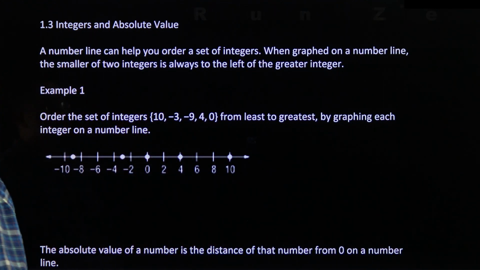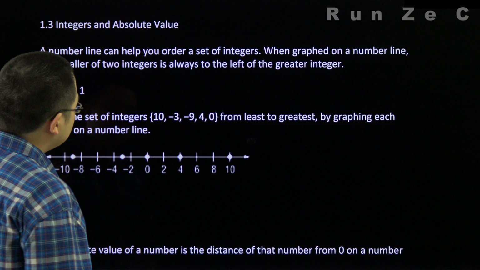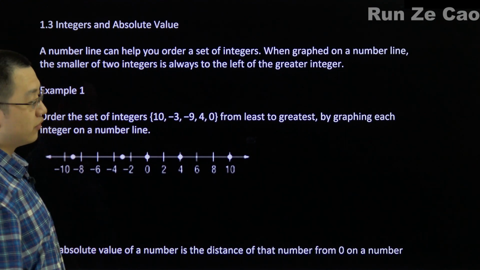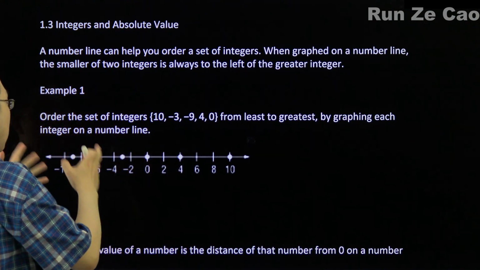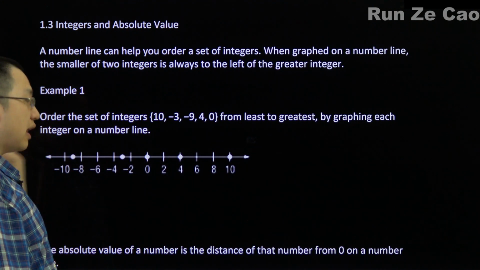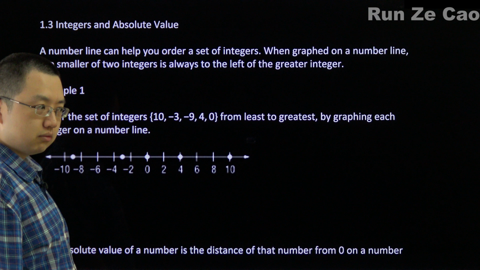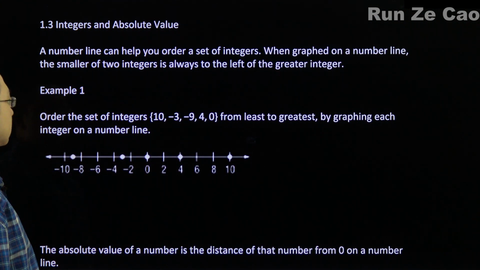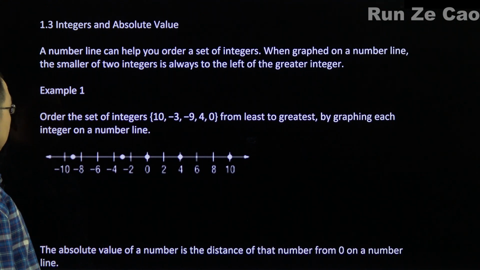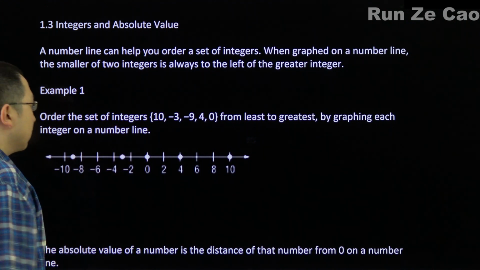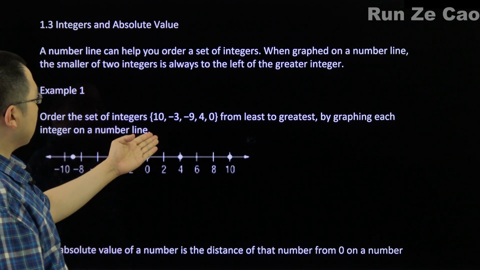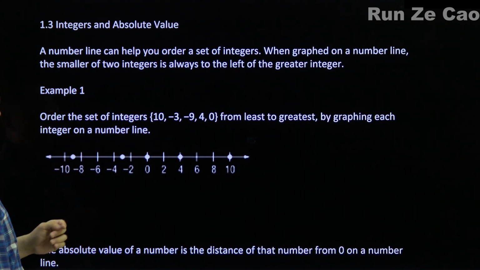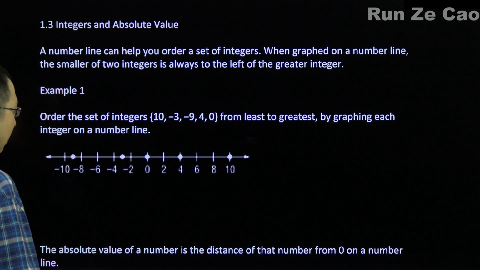So, if you graph your integers on a number line, or plot them, depending on preferred terminology, the smaller integer is always to the left of the greater integer, because the numbers increase to the right and decrease to the left. So let's say we wanted to order the set of integers 10, -3, -9, 4, and 0 from least to greatest by graphing each integer on a number line.